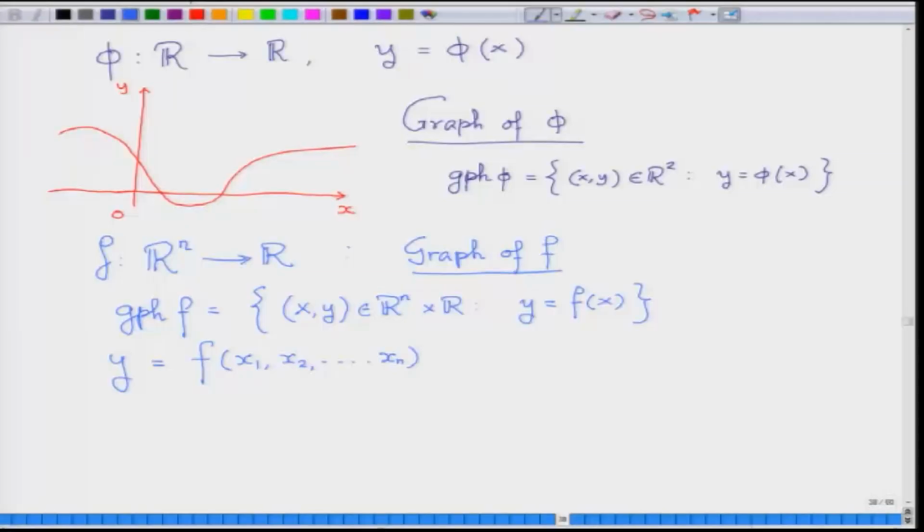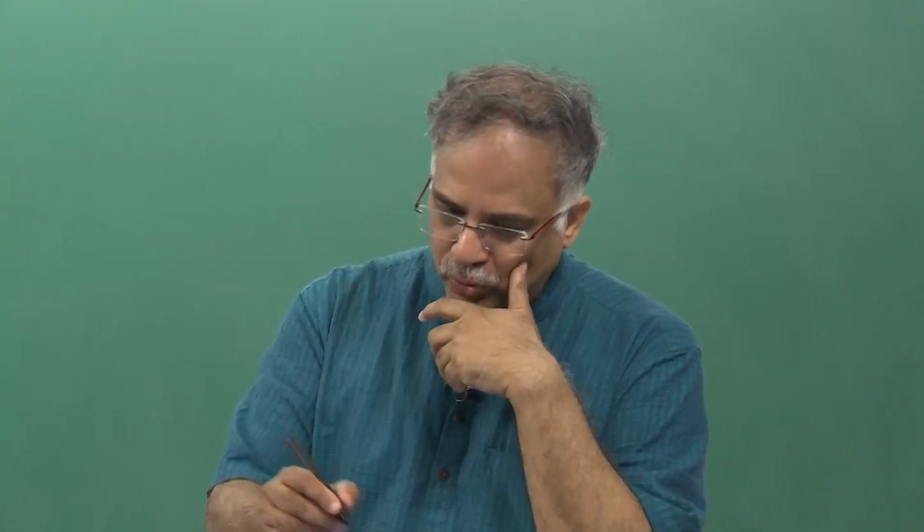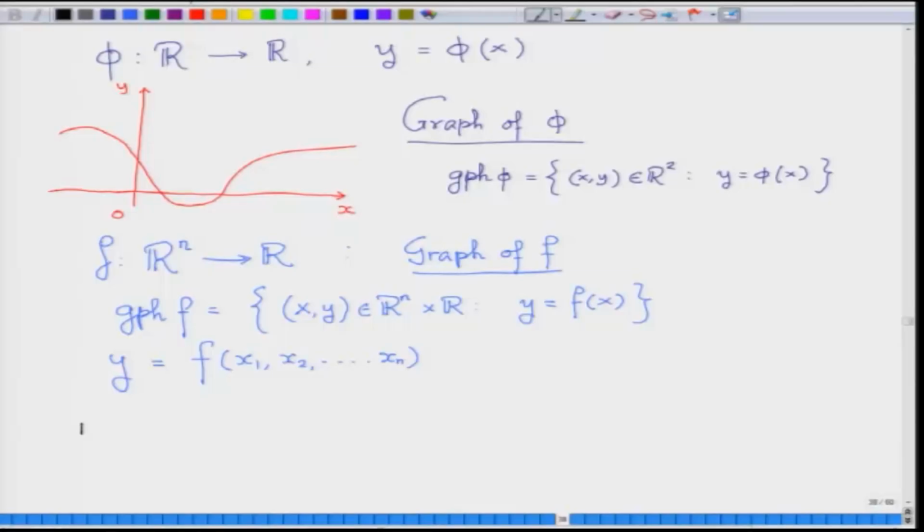Now you have to understand that when you are looking at a function from R to R, it is very easy to visualize it, but when you are talking about a function from Rn to R, it is not possible to visualize it unless n is equal to 2. So let us look into the particular situation when n is equal to 2.